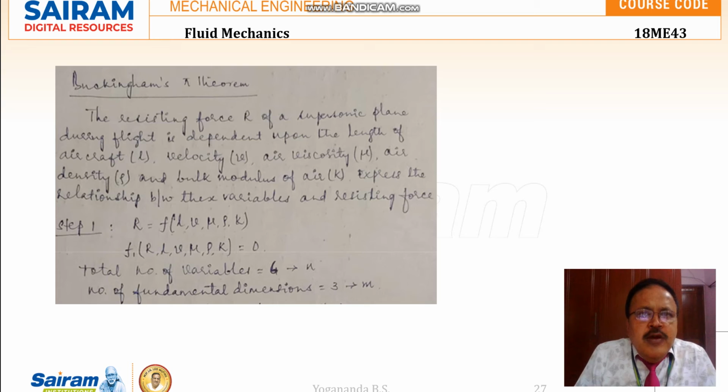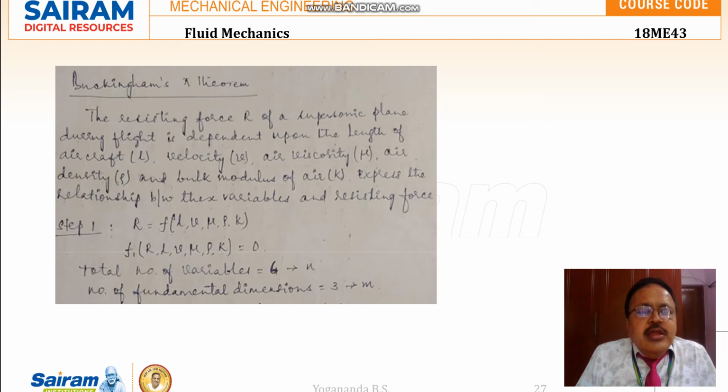When the number of independent variables is more than 4, it is practically impossible to apply Euler's method or Rayleigh's method, so we'll go for Buckingham's pi theorem. We'll see the stepwise procedure of solving Buckingham's pi theorem by taking a numerical.